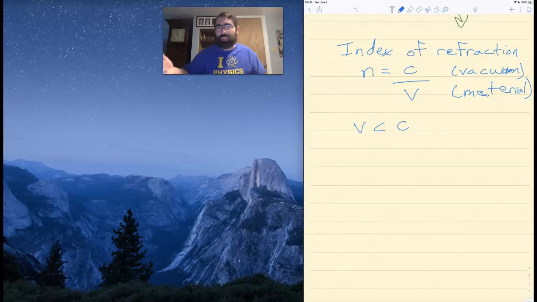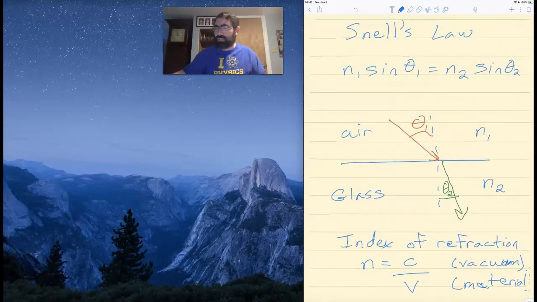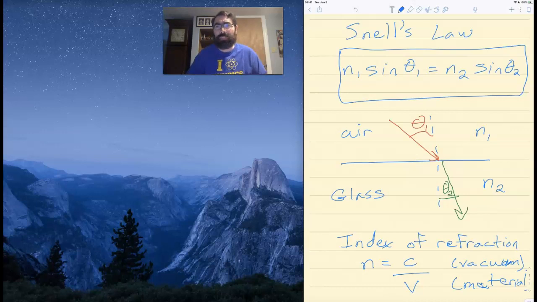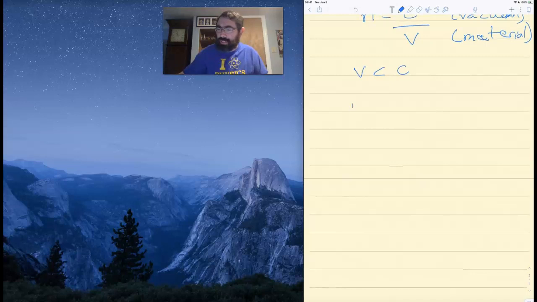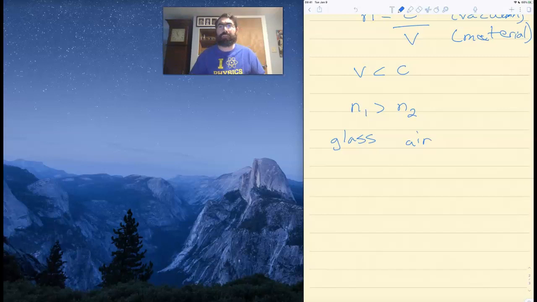So the interesting thing is, if I take this equation, which I've written right here with the name of Snell's law, and consider a case where the index of refraction where the light is starting is bigger than the index of refraction of where it's going. So imagine I have a denser material like glass, as compared to something like air.